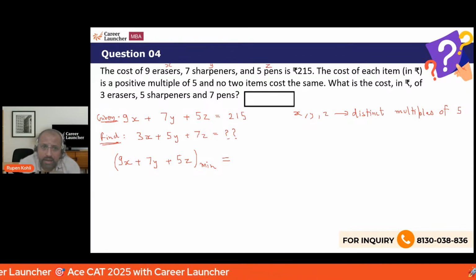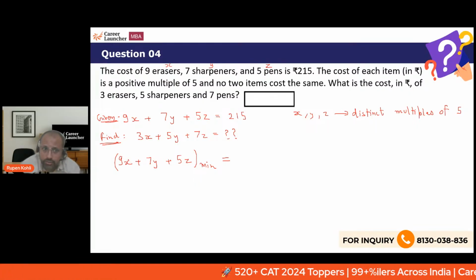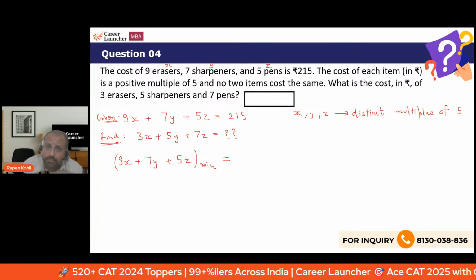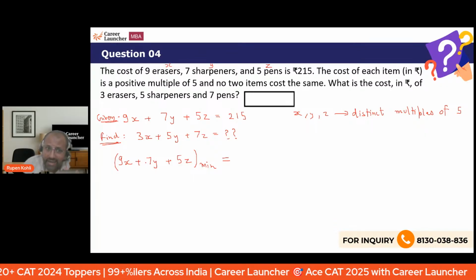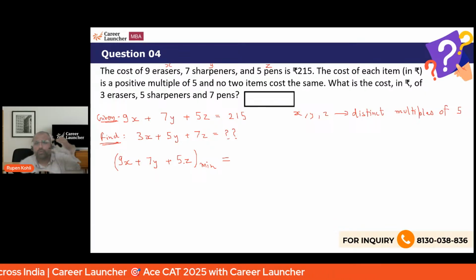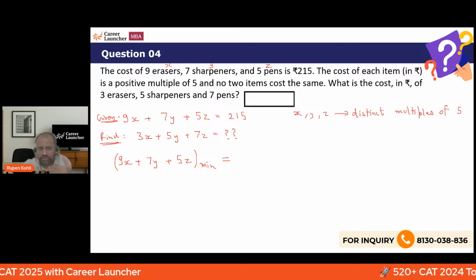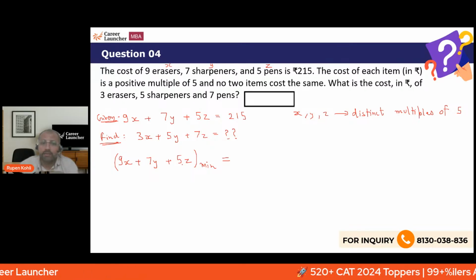Obviously, the item which you are buying the most, you would want to associate the least cost with it. So you are buying the most erasers, you would want to associate the least possible number, which is 5 rupees, with that. And as you keep decreasing the number of items bought, you would associate the higher cost with the next items, so that your cost is minimized, right?